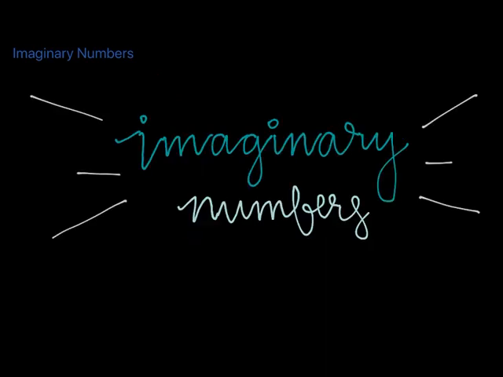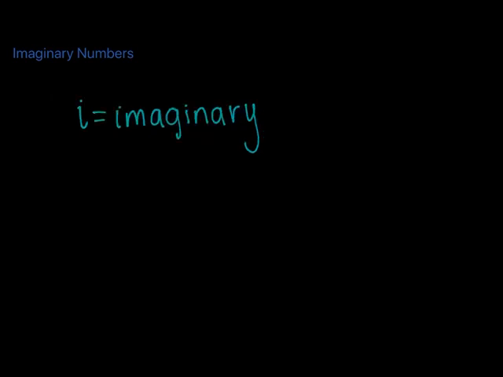But now, here's where imaginary numbers come into play. Imagine there was such a number, let's label it I for imaginary, that could be multiplied by itself to achieve a negative product.